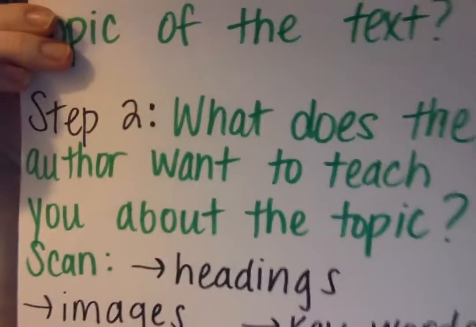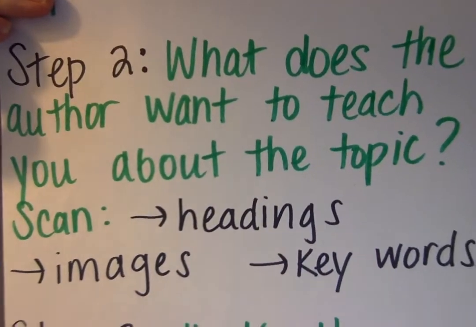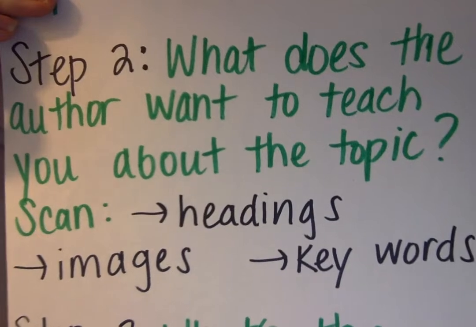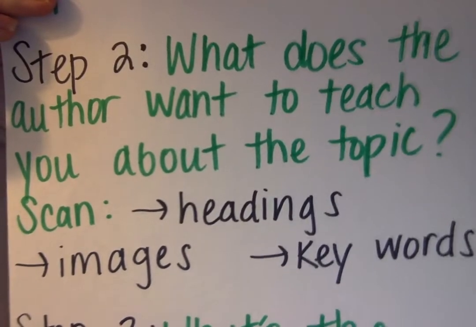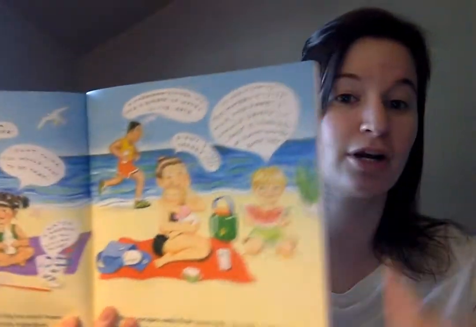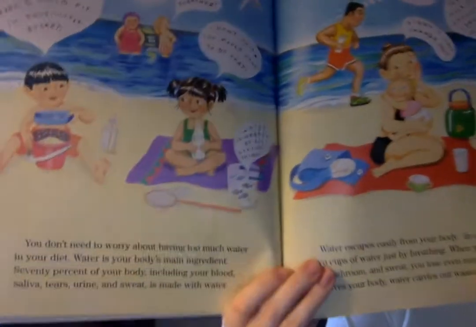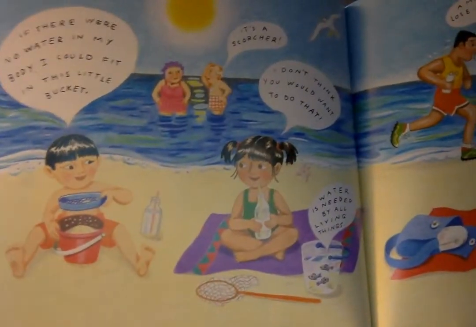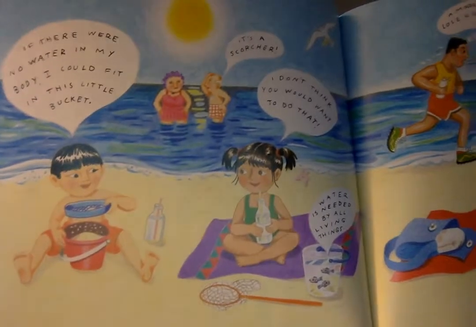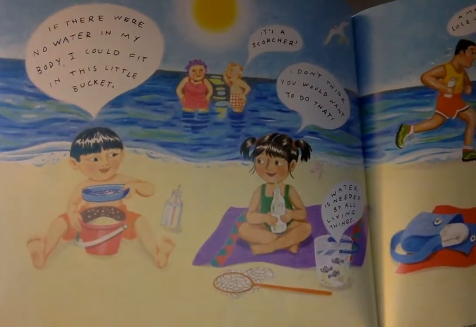Moving into step 2. What does the author want to teach you about the topic? Scan headings, images, keywords. So just like on pages 19 to 20, I don't see any headings, but there are definitely images and keywords that we can look at on these 2 pages. So I want you guys to quickly scan these images and think, what does the author want to teach you about our topic?